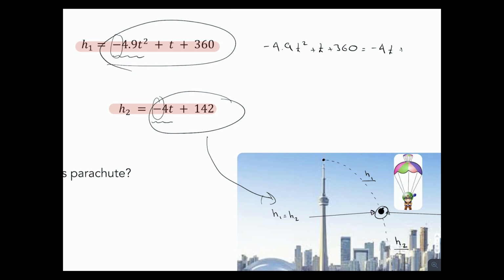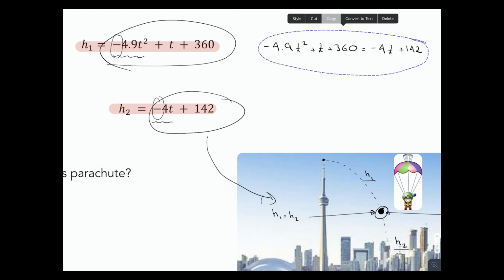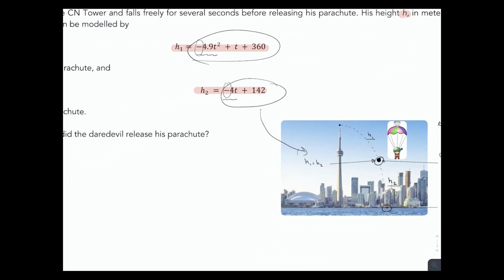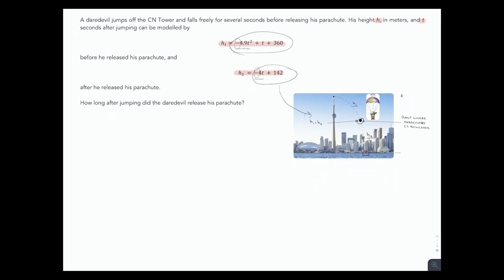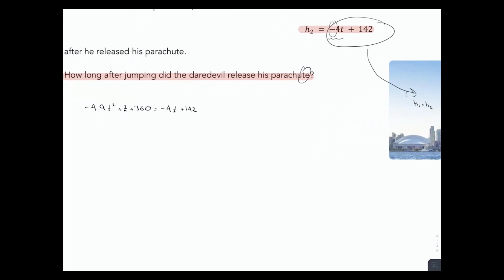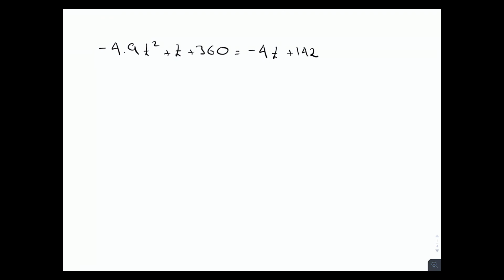And again, the question I'm trying to answer is, how long after jumping did the daredevil release his parachute? By the way, there's my answer: it is t. In other words, what is the solution to this equation? What value t is going to make this true?